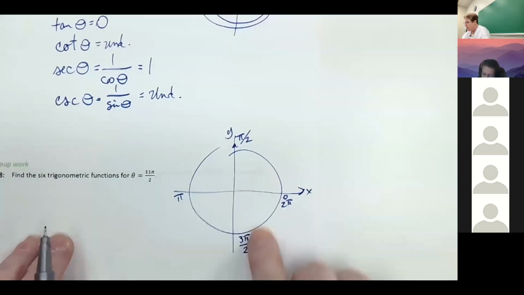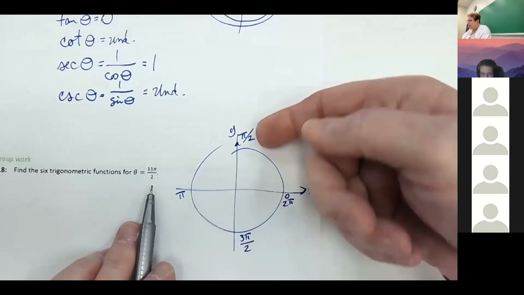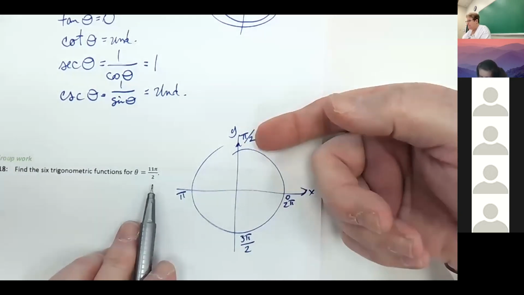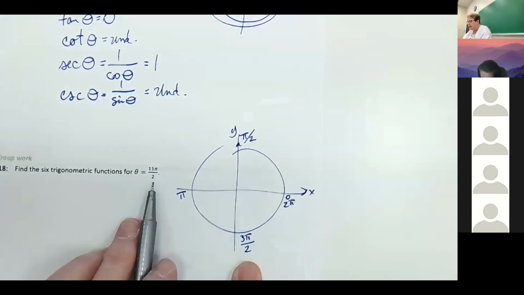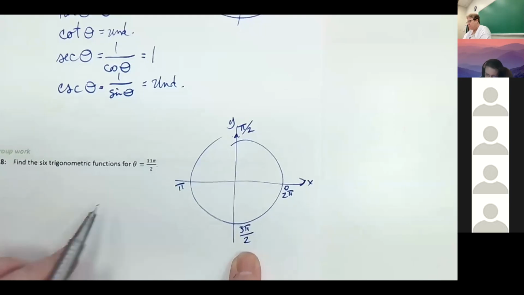So I need to figure out, is 11 pi over 2 at the top or the bottom? It's at the bottom. How did you know? Good.